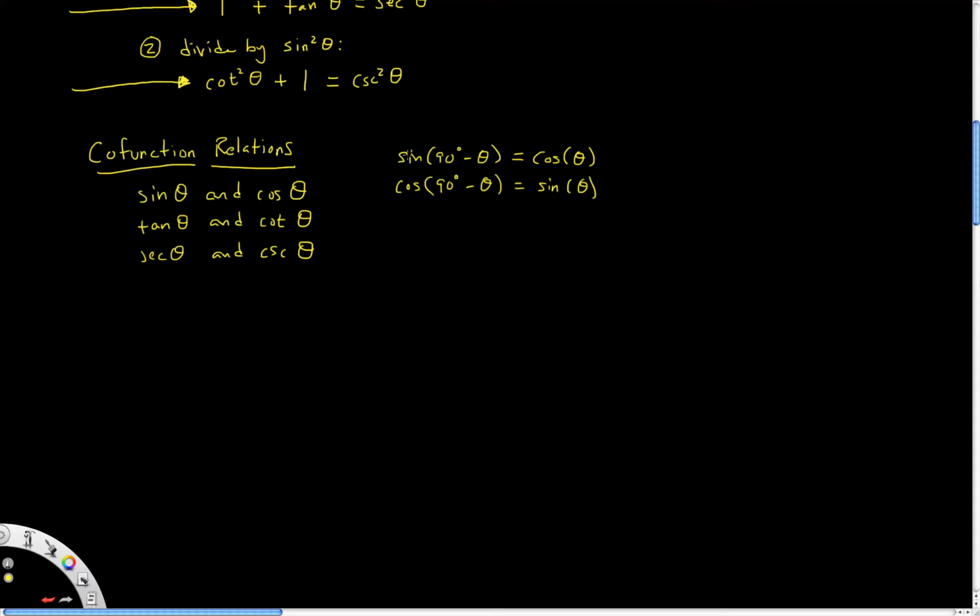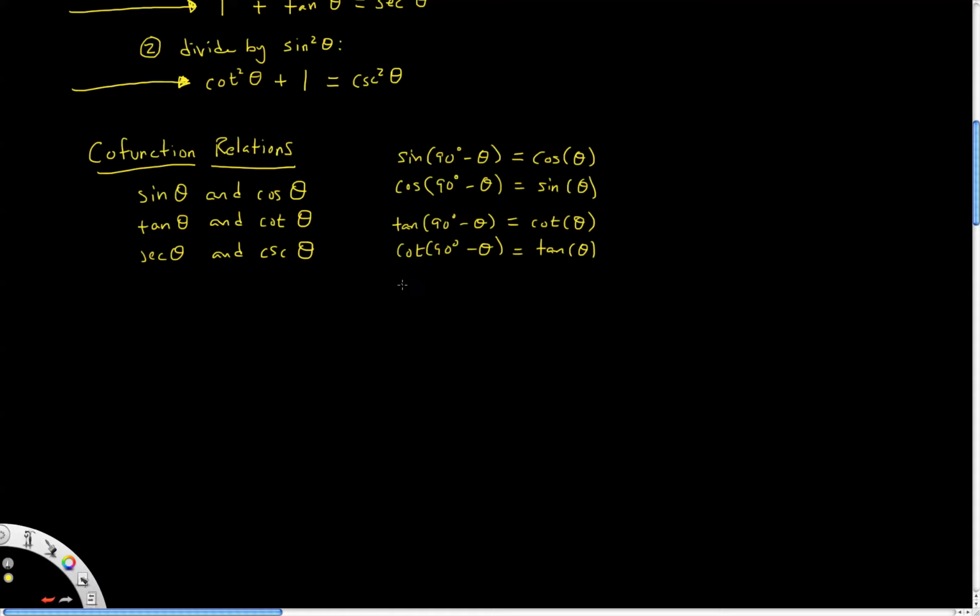All right, well, those two cofunction relations have to do with our first pair. Our second pair, I'm going to say that the tangent of 90 minus theta is equal to the cotangent of theta, and that the cotangent of 90 minus theta is equal to the tangent of theta.